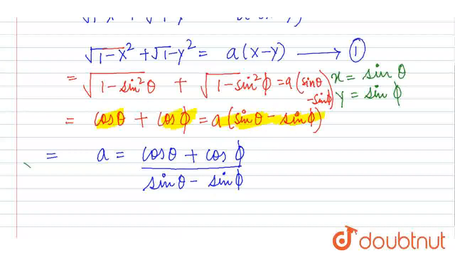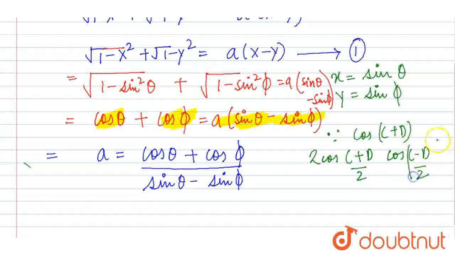Now there is some formula that we have to remember, that is the cos C plus cos D formula, right? Cos C plus cos D is basically 2 cos((C plus D)/2) cos((C minus D)/2), right?